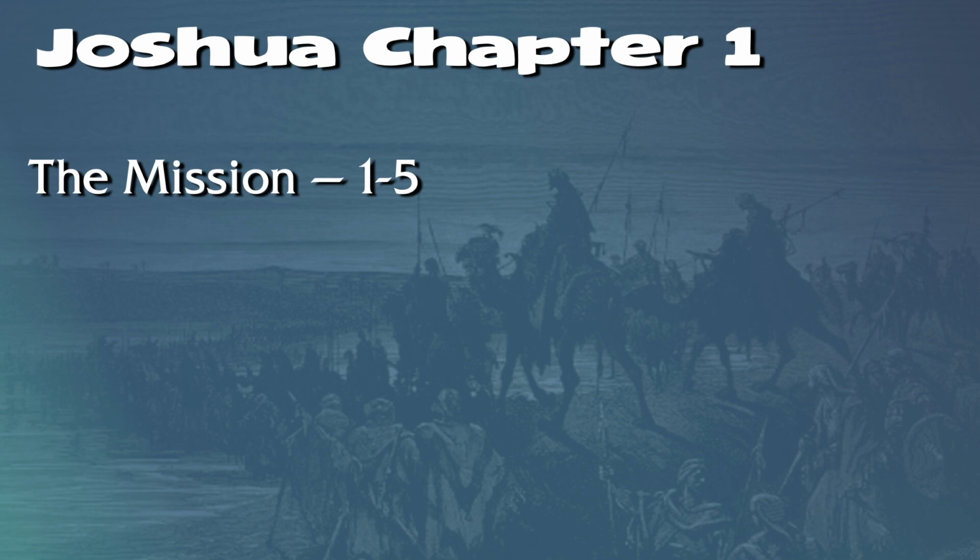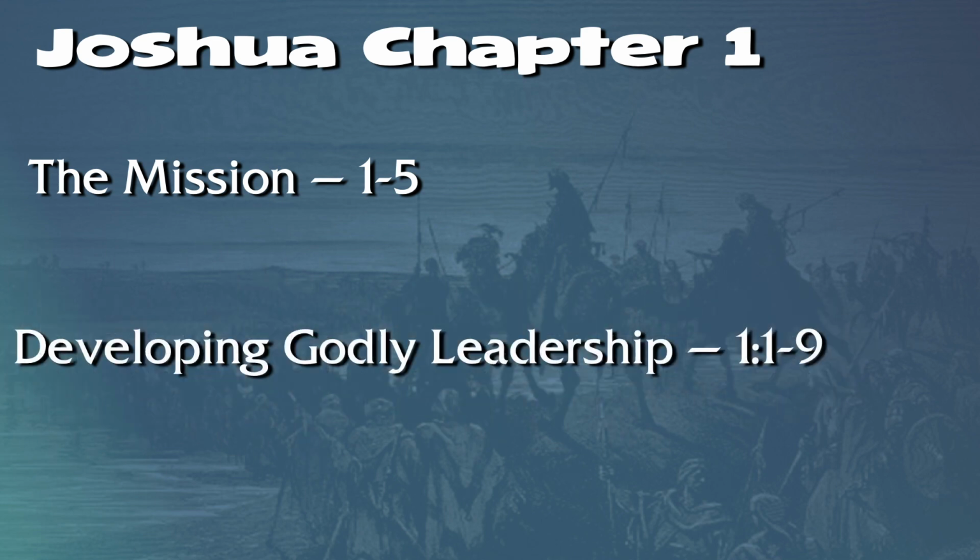We have looked at the next point, developing godly leadership, verses 1 through 9, those steps of success that we just read. Seven keys is how we develop godly leadership. That's what you do. Godly elders need to take heed to do those steps and make sure they're following those steps.